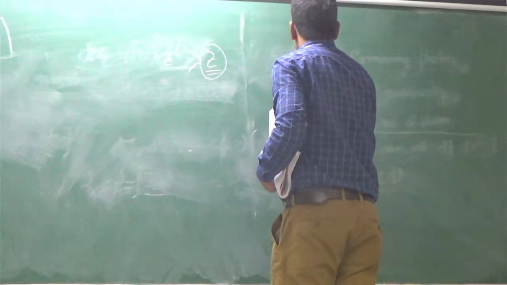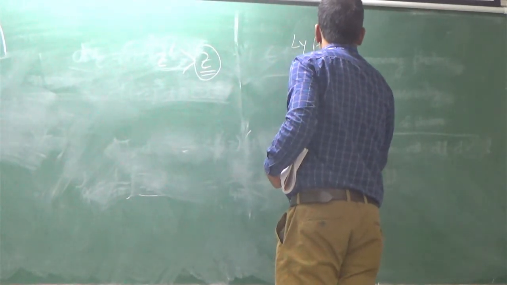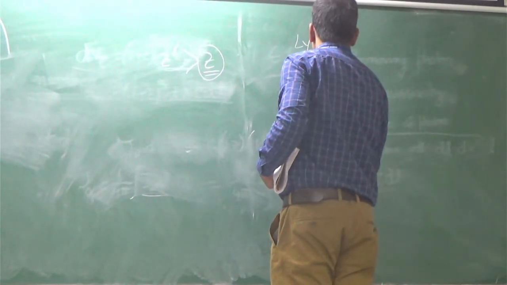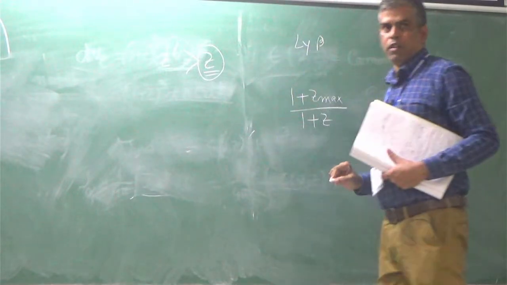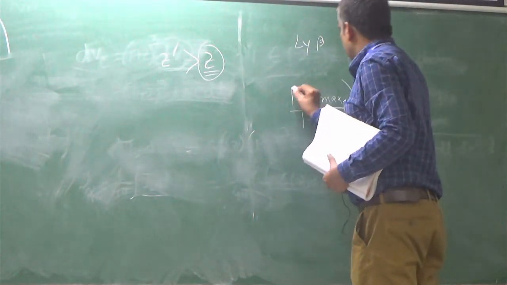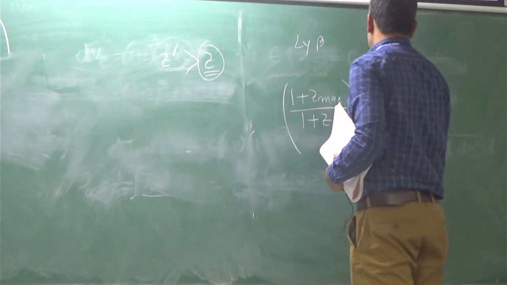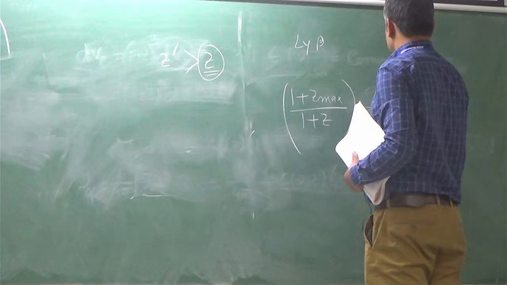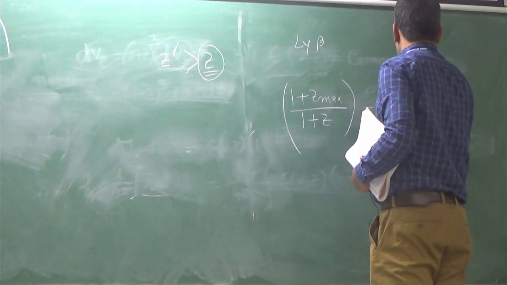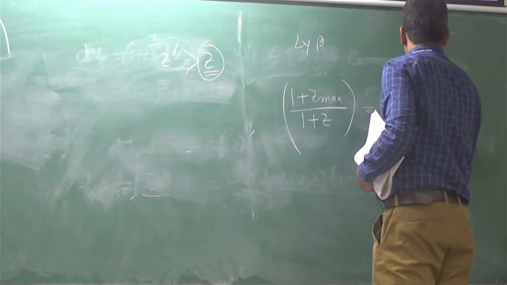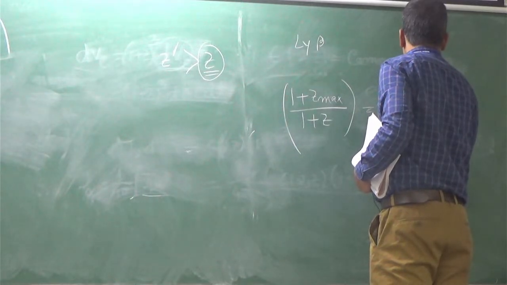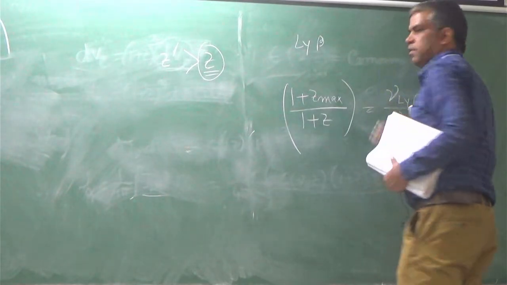How to calculate z max? Very simple. 1 plus z max by 1 plus z, where z is the redshift of interest, is basically nu corresponding to Lyman beta by nu corresponding to Lyman alpha.